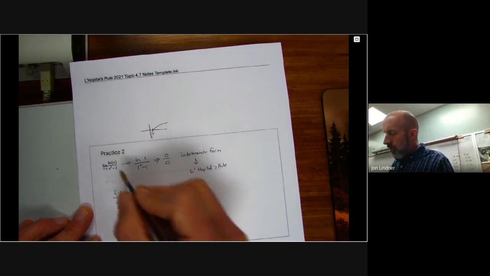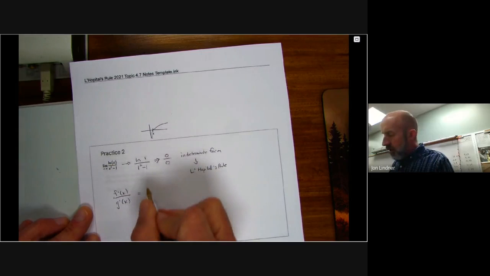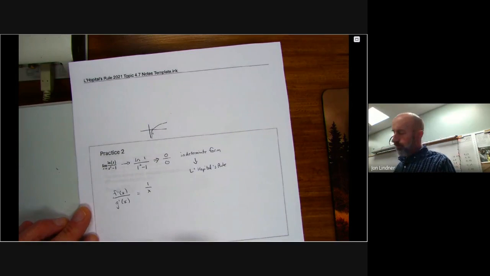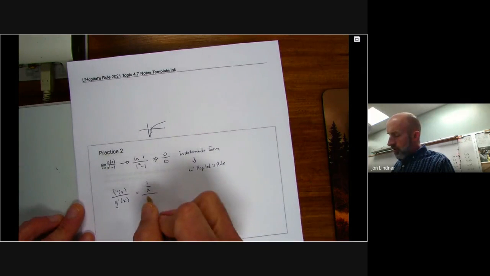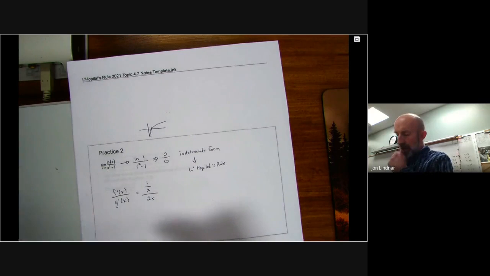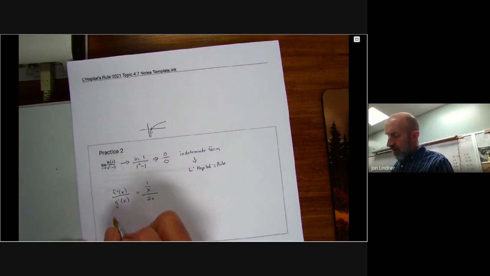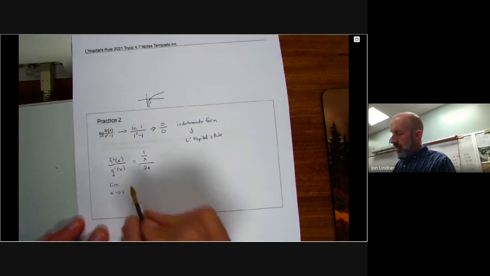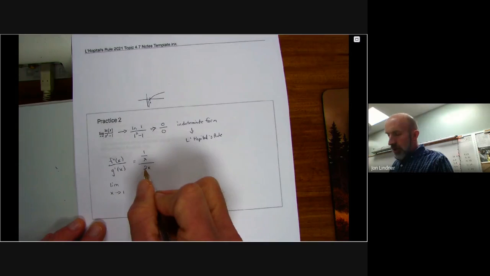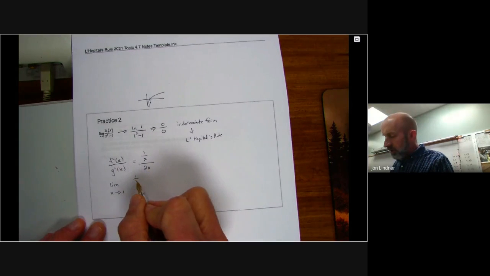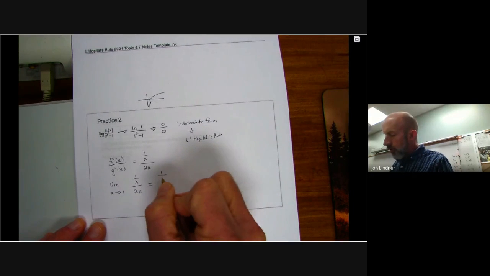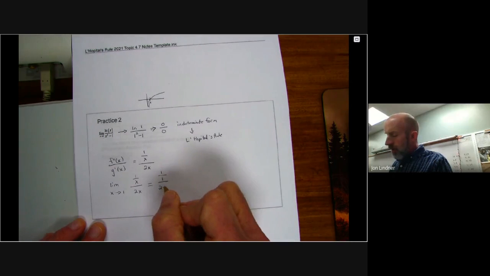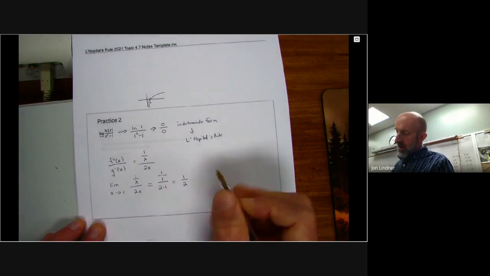What is that? Well, the derivative of the natural log of x is 1 over x. And the derivative of x squared minus 1 is just 2x. And so now we try to evaluate the limit as x approaches 1 of this expression, 1 over x over 2x, and we do that by trying to substitute first. 1 over 1 over 2 times 1 is 1/2.